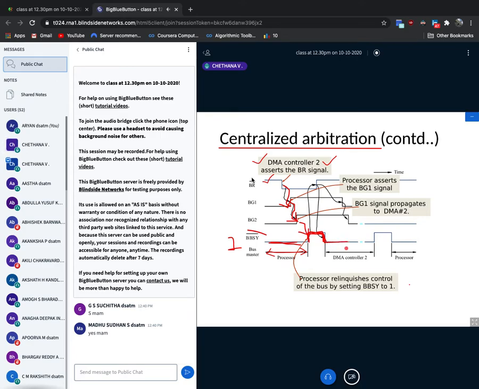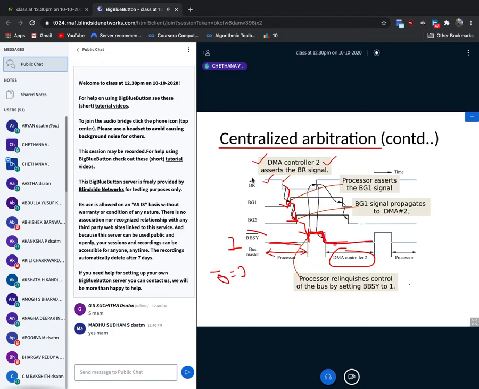As soon as DMA controller 2 gets the bus, bus busy will be enabled again. Here, this is bus busy, in the lower mode. Bus busy is said to be in the lower mode. Lower mode means 0. So bus busy is equal to 0, negate it, and that is equal to 1. Don't get confused, just think like this.